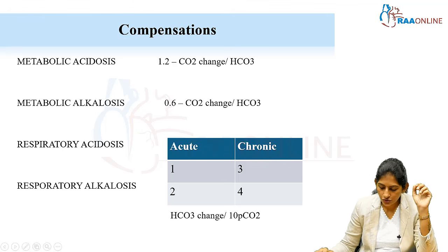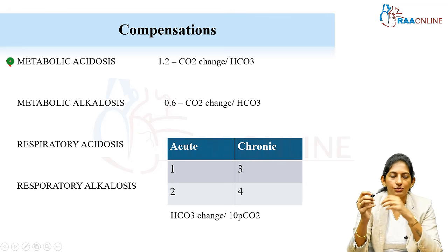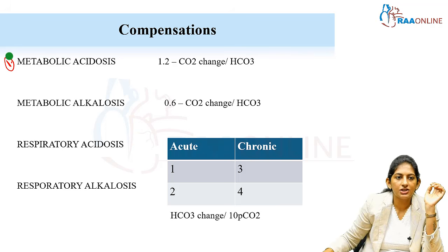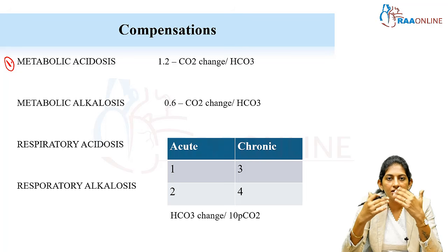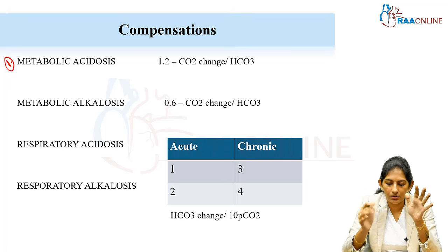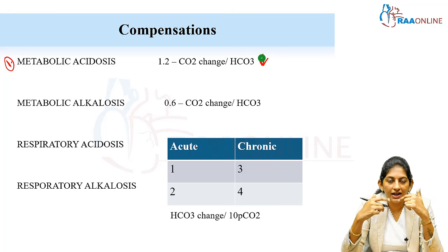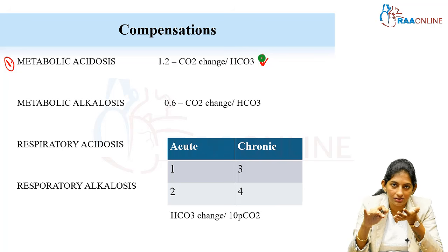Okay, so the first thing, you have an ABG which shows metabolic acidosis. For a metabolic acidosis, we understand the compensation has to come from the lungs. There is a metabolic acidosis, which means bicarbonate is low. So, what has to happen? The lung has to excrete carbon dioxide. So, the carbon dioxide should fall, isn't it?